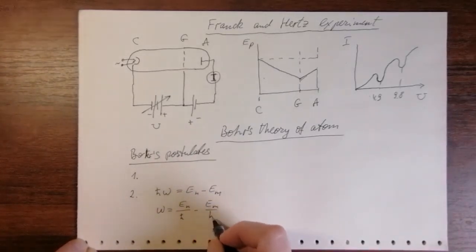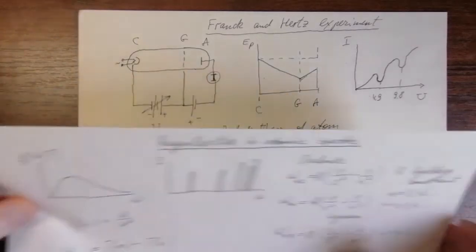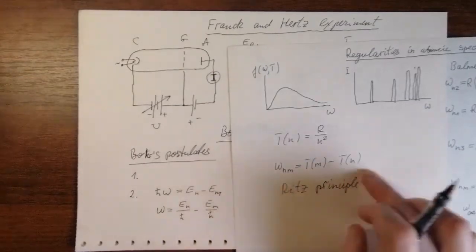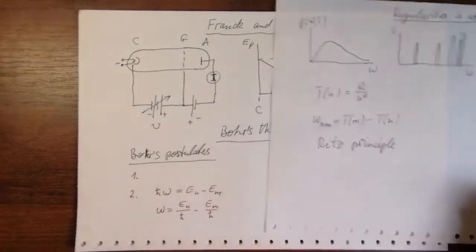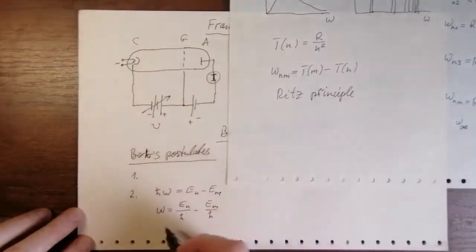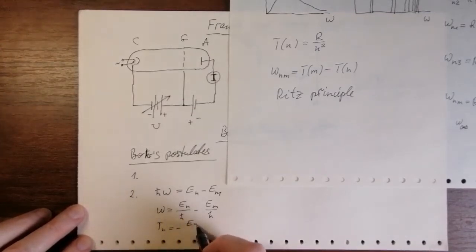If we compare this with what we had here, we see that this means that each of the terms Tn is simply minus En over h.